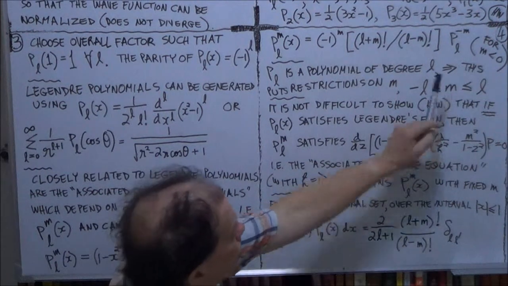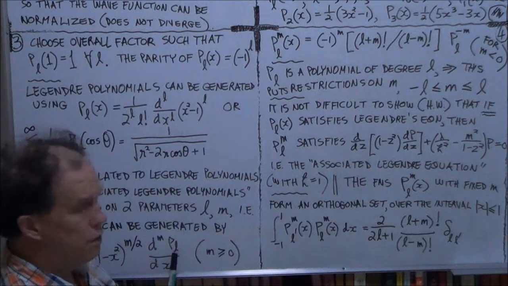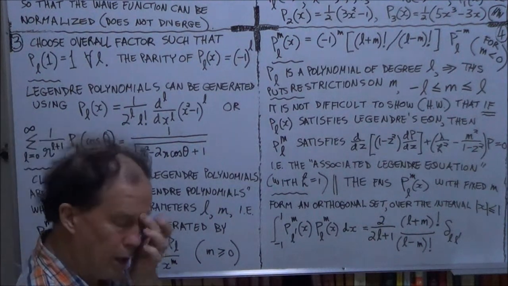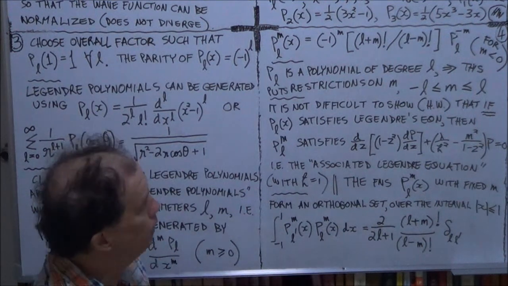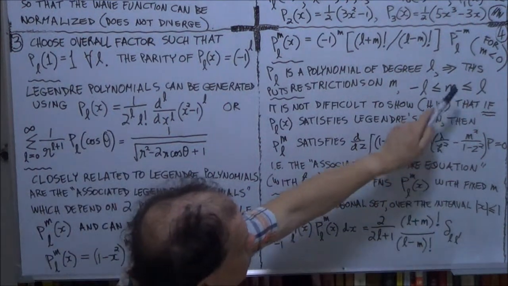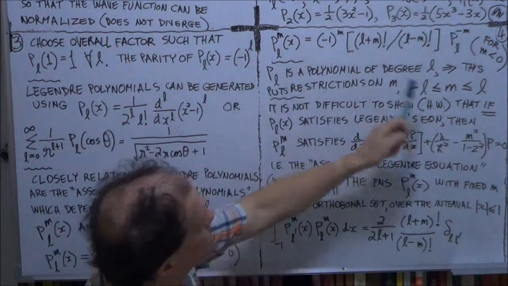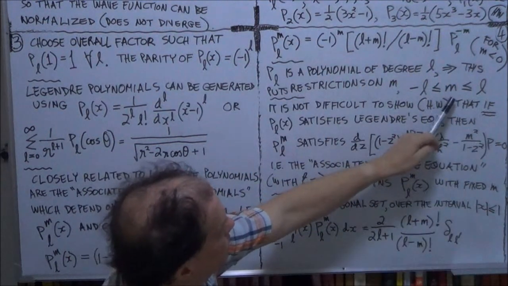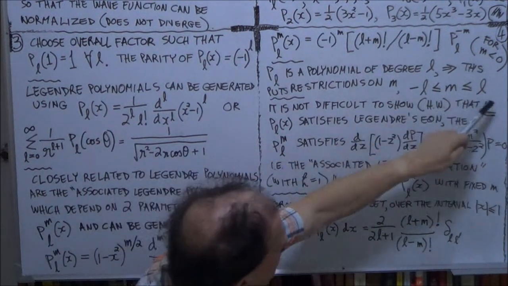The limit to m. And if you think about it, if P_L's order is L, you can't differentiate it more times than that. Okay. So m is less or equal to L. Now m can take negative values as well. Well, that may not be so obvious. Well, there are various clues.